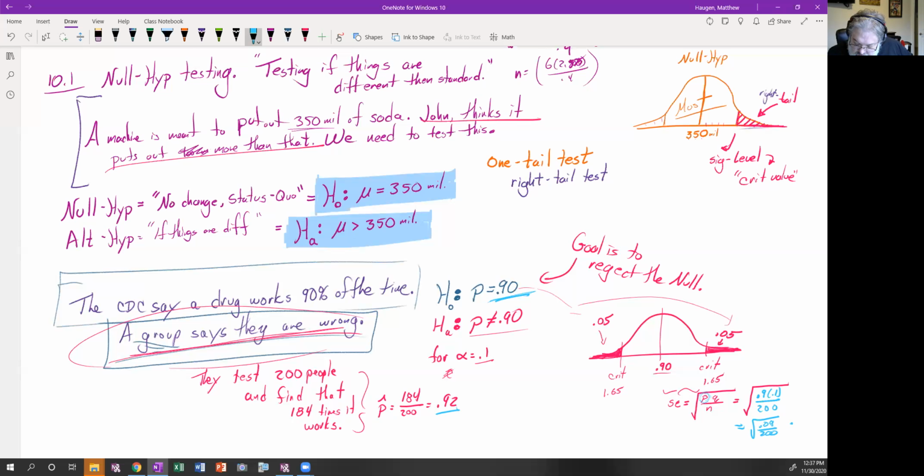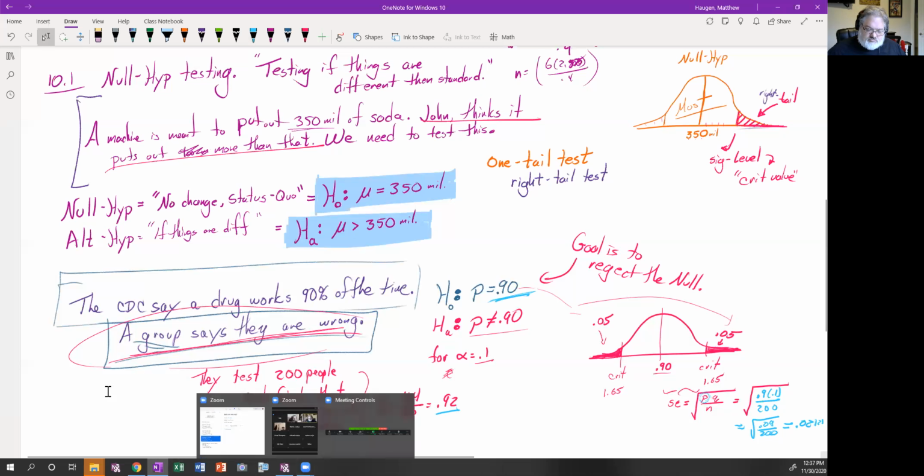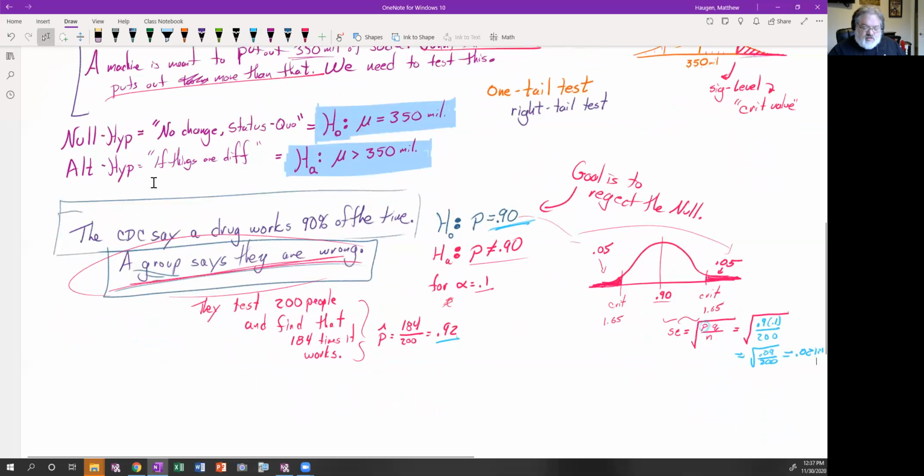It would hurt my little brain if I tried to do that. 0.09 divided by 200, square root, 0.02. 0.02121, and so on. So that's the standard error for this scenario.